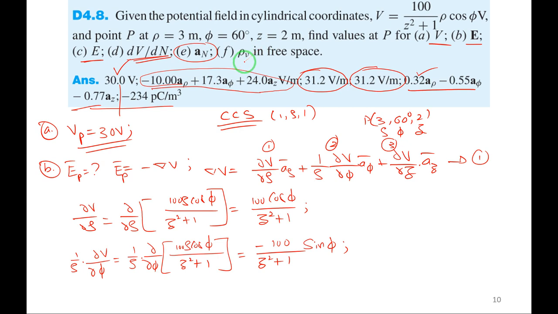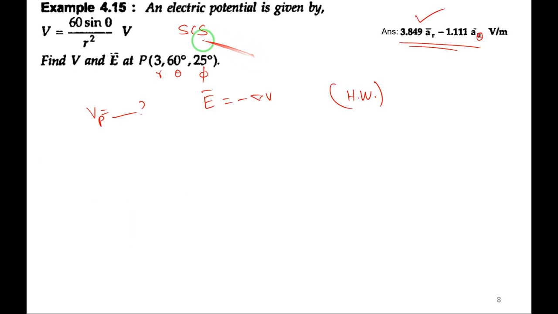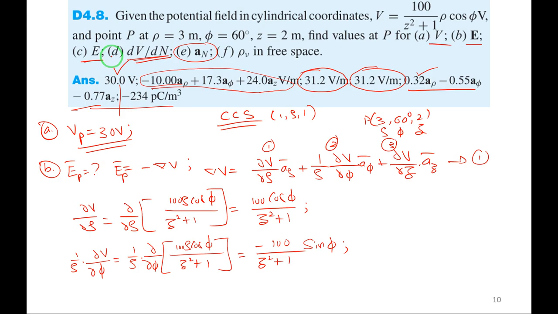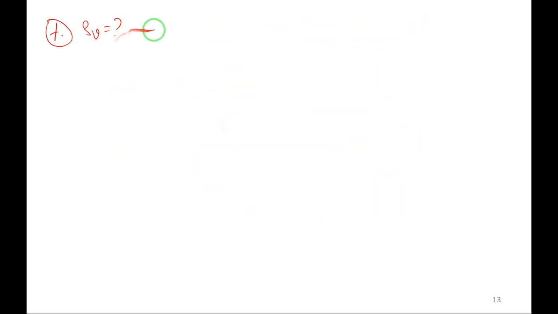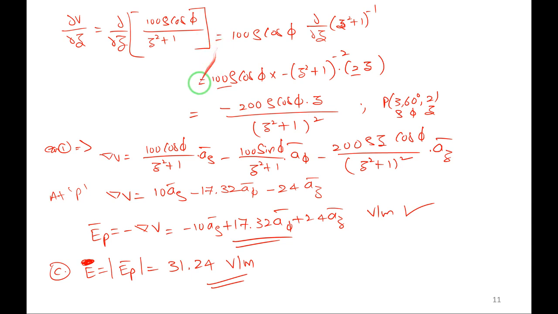Rho_v can be found by making use of divergence once again. Rho_v is equal to del dot of D vector. This we can do. What is D? We have to find it once again.